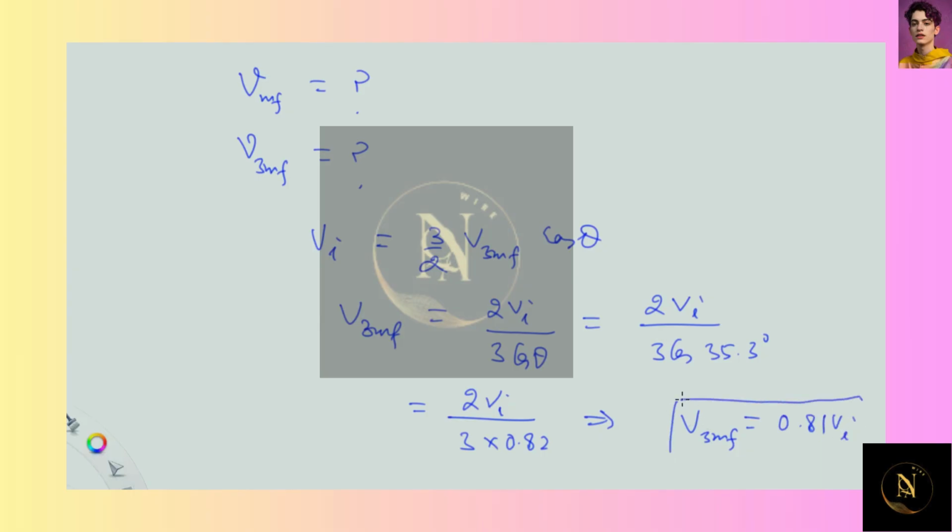The final speed achieved by the particle of mass 3m in terms of vi is 0.81 vi.